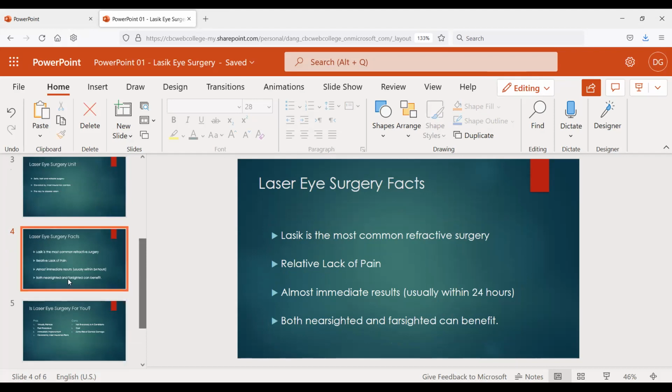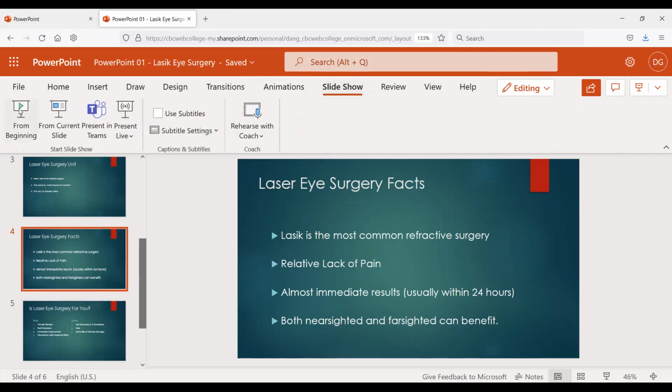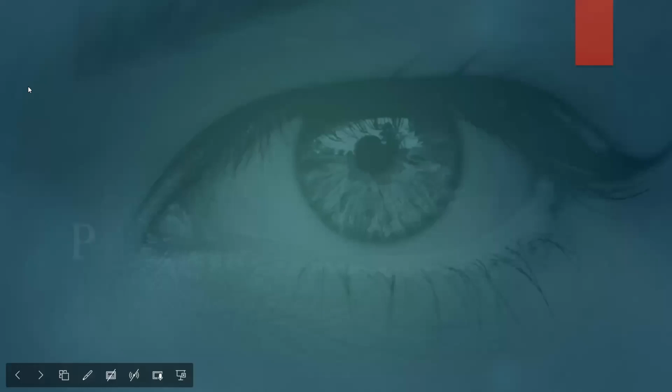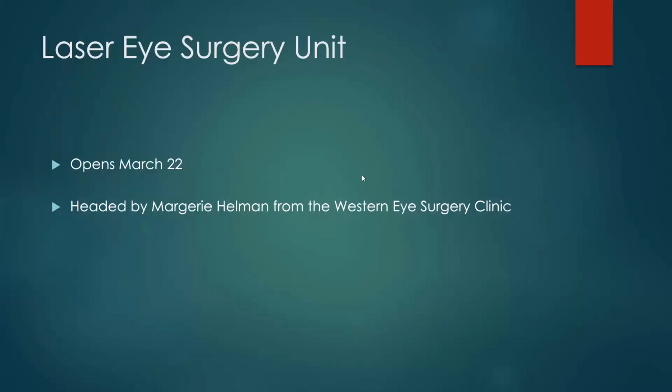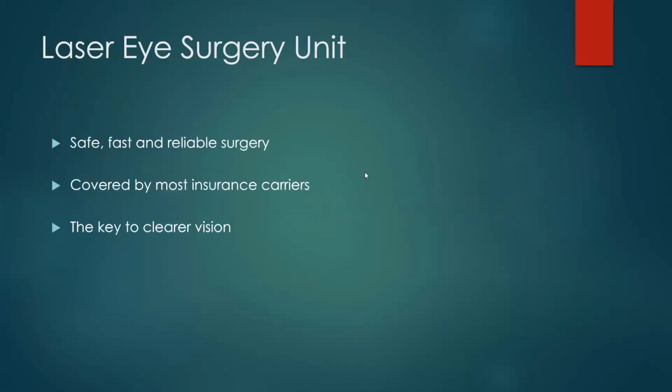Let's go back to slide 4. And let's take a look at our slideshow. I'm going to run it from the beginning. So I'm going to click on my slideshow from beginning, and let's see how it changed. Here's our first slide, second slide, third slide.